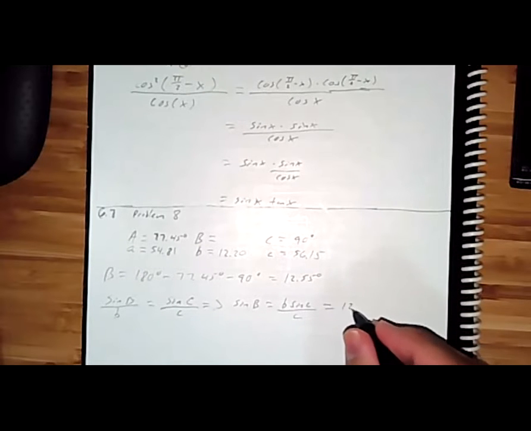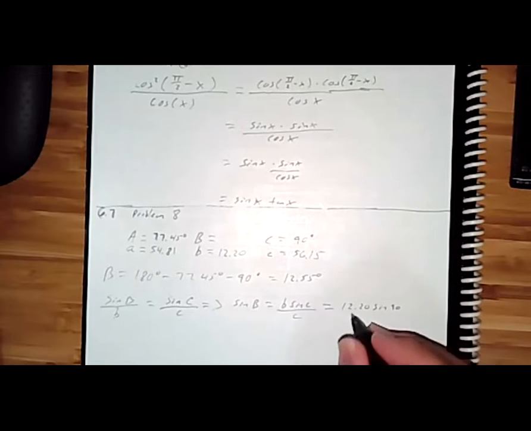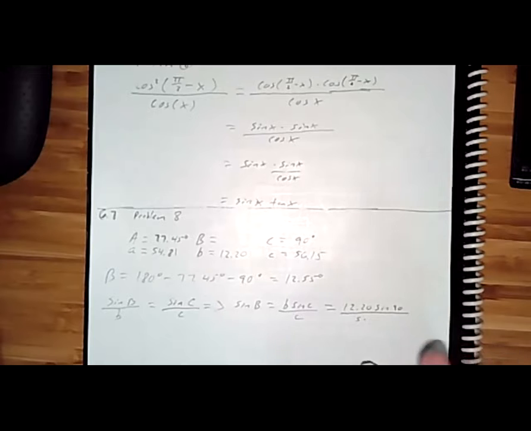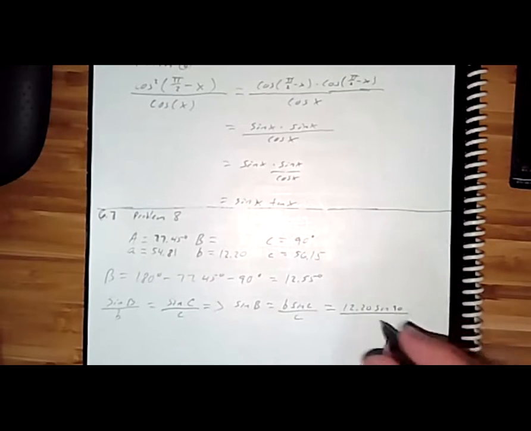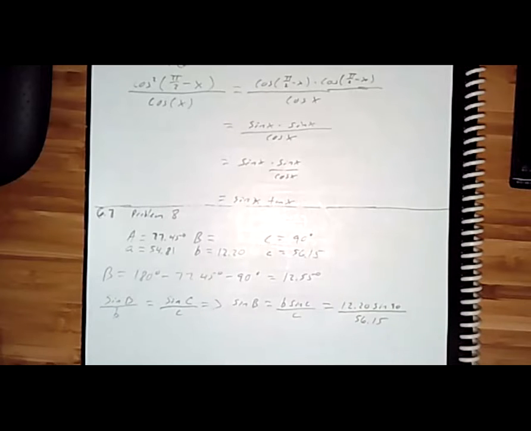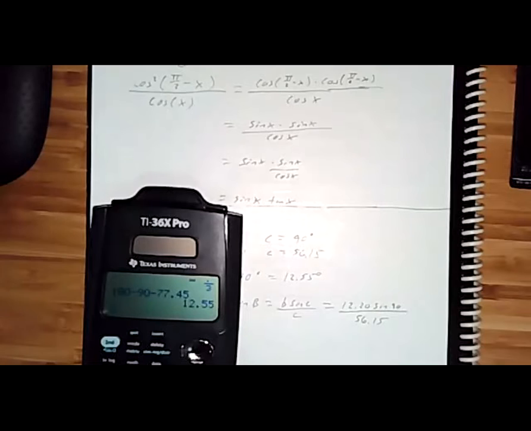All right, let me see if I get the same thing. Over 56.15. Did they say on the instructions anything about how to round it? Did it say anything about rounding or process? It's 2 decimal places. Did it say anything else? Nope.